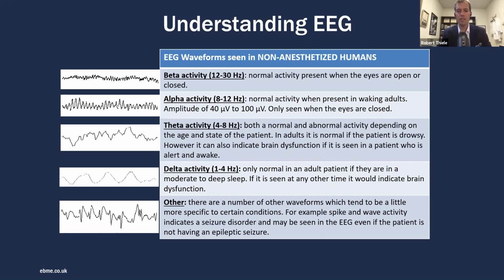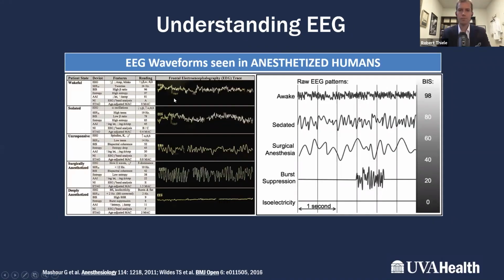And there are other things like spike waveforms that signify brain dysfunction that we're not going to get into. So what we see here are EEG waveforms in anesthetized humans, and now we showed with non-anesthetized humans that transition from an awake to a sleeping state.